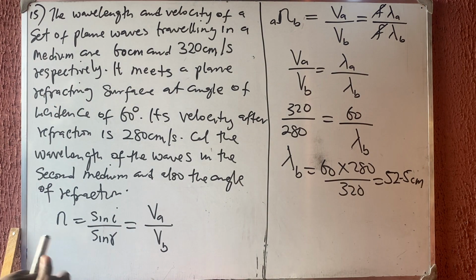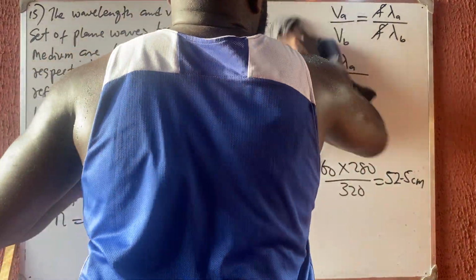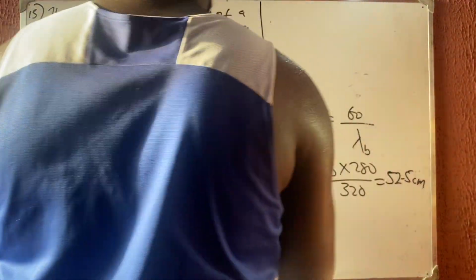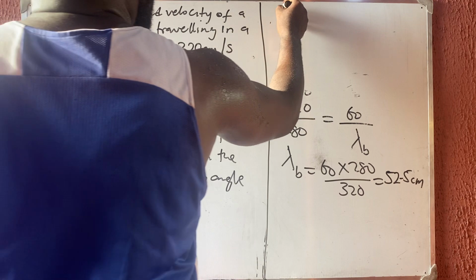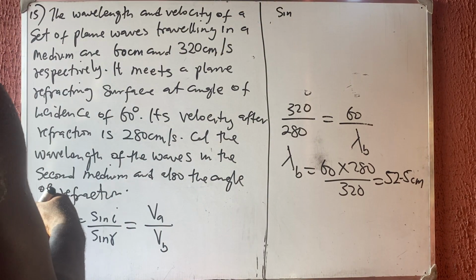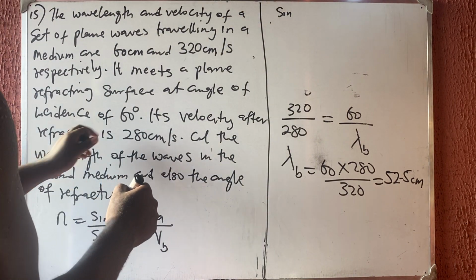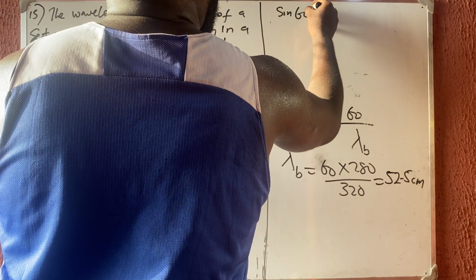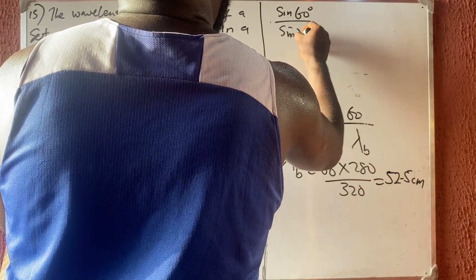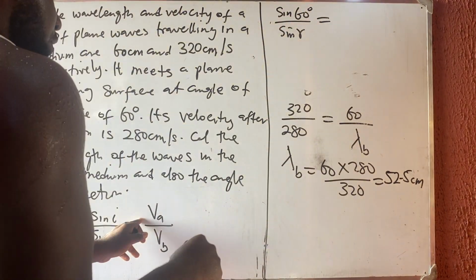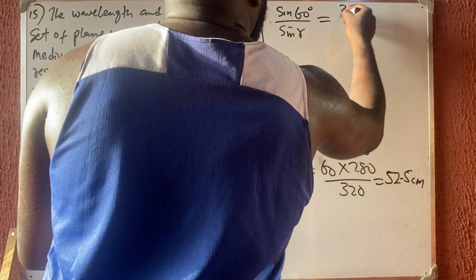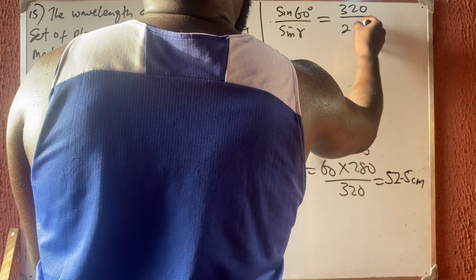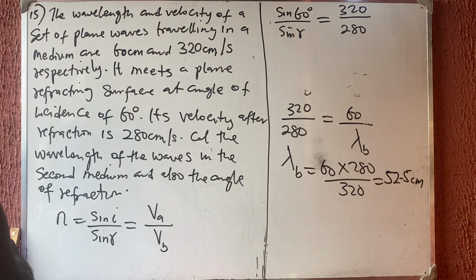So sine i, the incident ray, is incident at 60, so sine 60 degrees over sine r that we are looking for is equal to VA, which is 320, over VB, which is 280.